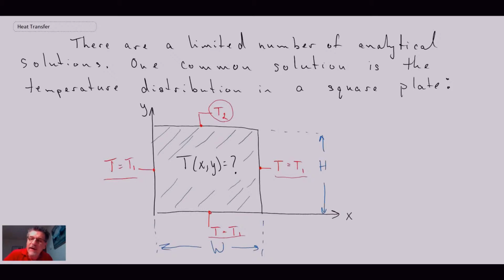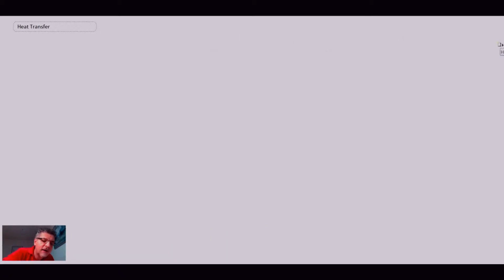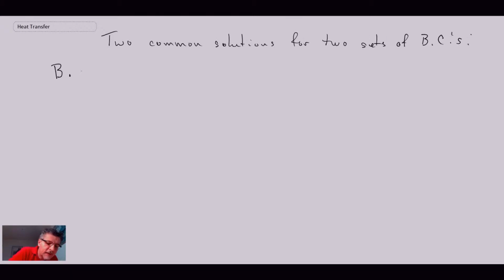If you look in any book, you'll find 2 common boundary conditions, or 2 common solutions to different boundary conditions. So let me write out the boundary conditions now. Boundary condition number 1 is the boundary condition that leads to a nice analytical solution for the problem, but it's not a very practical boundary condition, as we'll see in a moment.